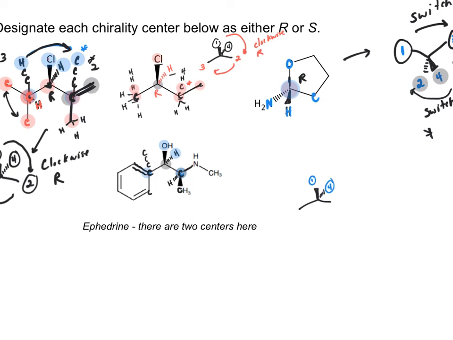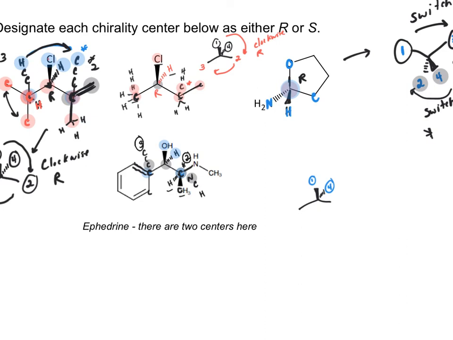Let me erase this guy. So this one we have a nitrogen, a carbon, and then a hydrogen. Again, it's first point of difference. We have a carbon versus a nitrogen. Nitrogen is 14, carbon's 12. So this guy gets the higher priority. It's going to be number 2, and this guy's going to be number 3.